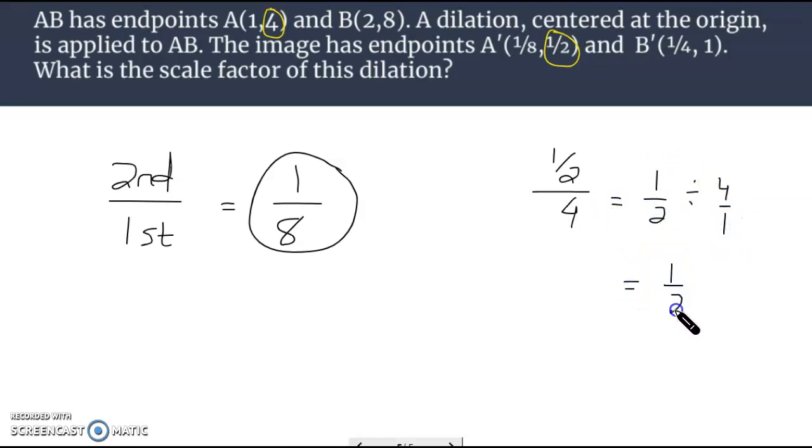Dividing fractions is just like multiplying by the reciprocal. 1/2 times 1/4, we still get 1/8, don't we? So in a problem like this, it doesn't matter which one you use. But I originally used the 1 and the 8 just to give us a number without fractions.